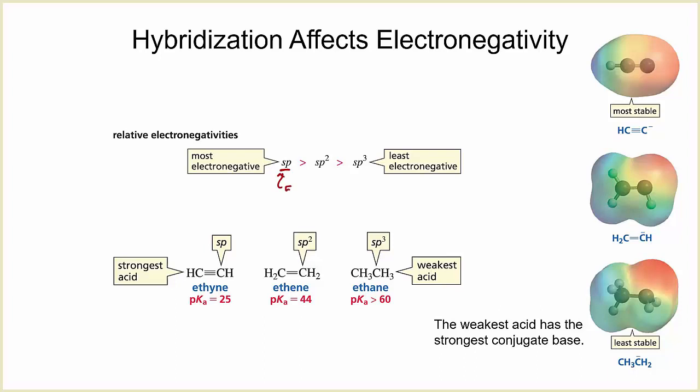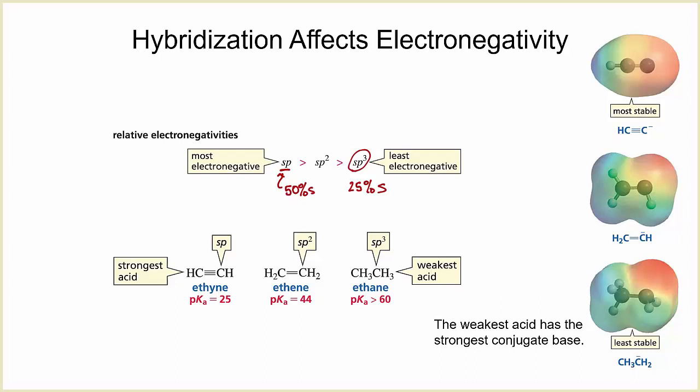This is 50% s, and this is 25% s. That is 1 part s orbital, 3 parts p orbital, so a total of 4 parts, and the s orbital is 1/4 of that, or 25%.